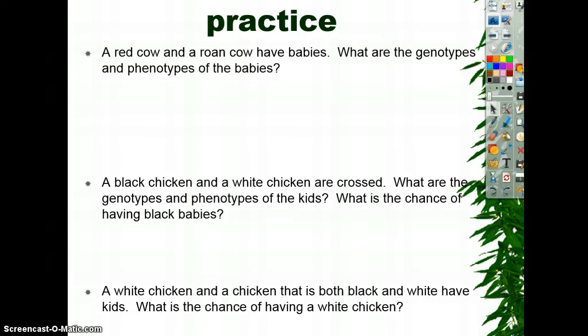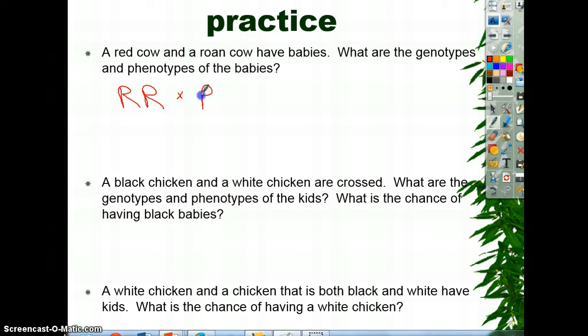Okay, now codominance. If you remember from the last lecture, a roan cow has both red and white fur. So a red cow and a roan cow have babies. So let's get the cross. What are the genotypes and phenotypes of the babies?